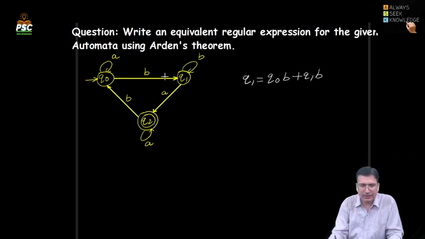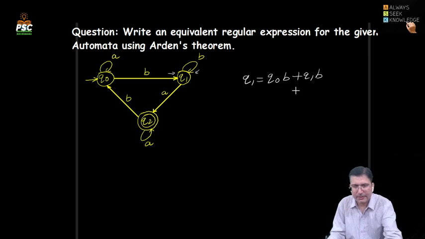So there are only two input arrows: one is this, another is this. By looking at the input arrows, we can write the characteristic equation, right? So for Q1, we can write Q0B and Q1B. From Q0 by following B, we can reach Q1, and from Q1 by following B, we can reach Q1. So this is the characteristic equation.